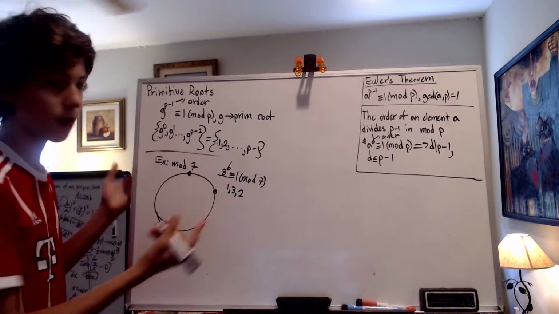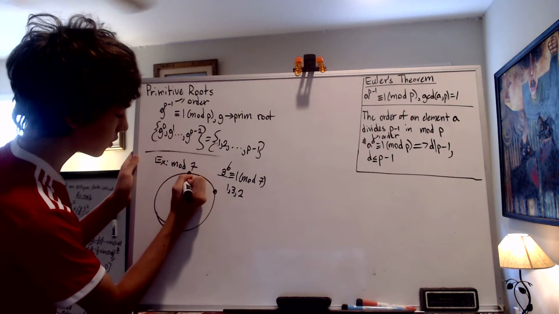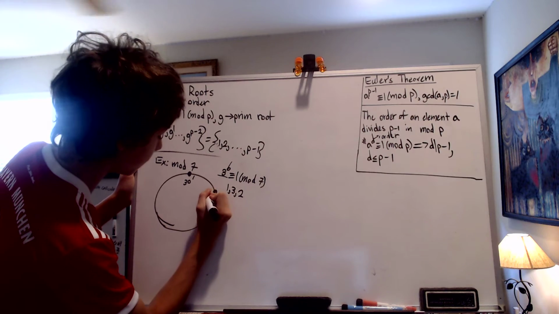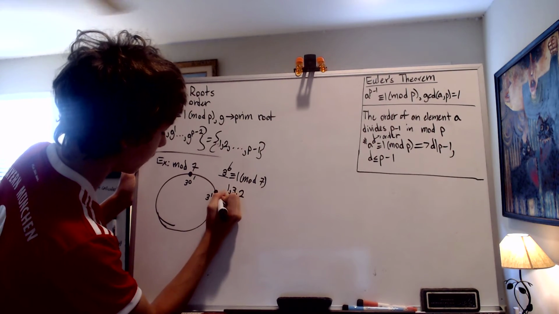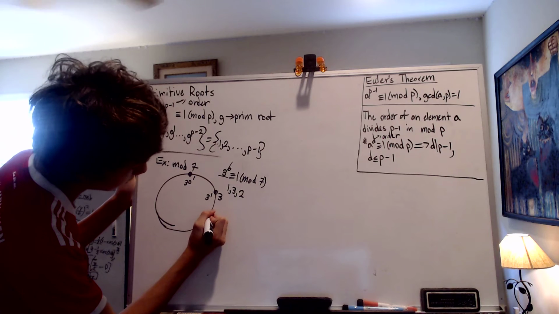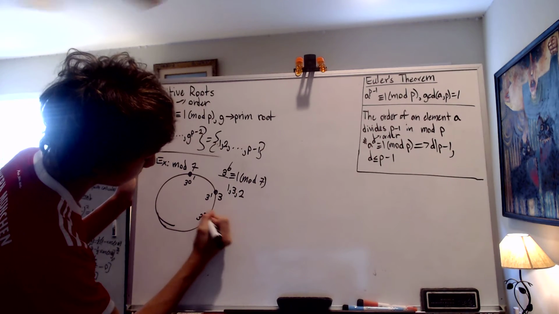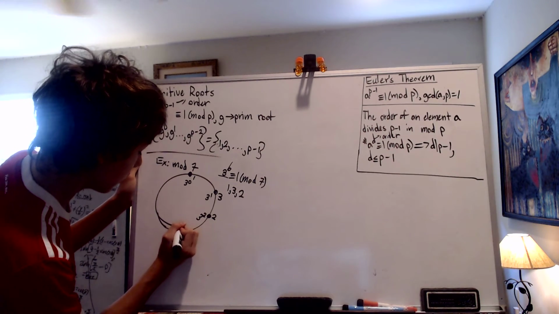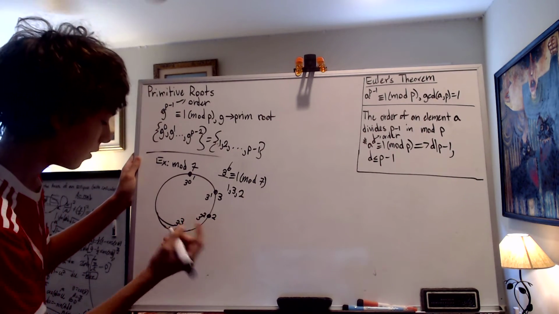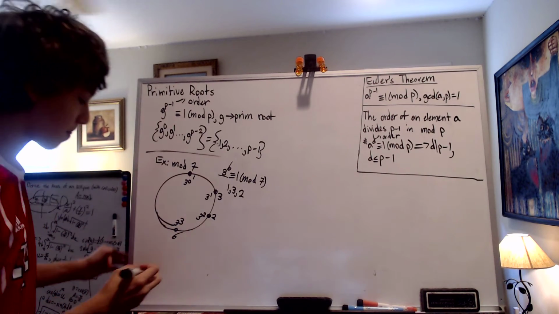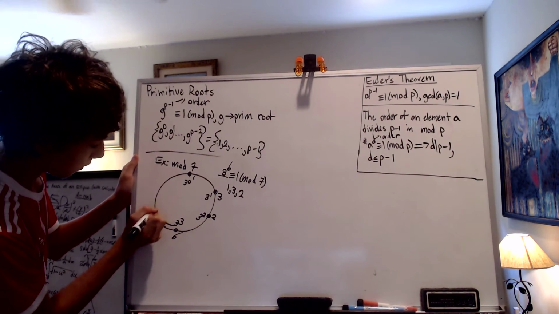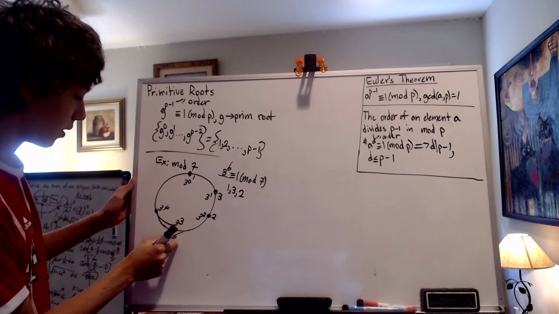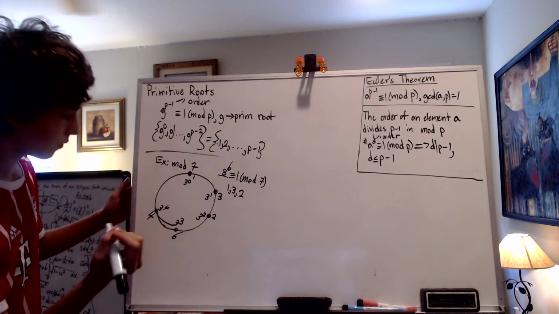So we're going to consider the powers of 3 in this kind of circular table. So 3 to the 0 outputs a residue of 1, 3 to the 1 outputs a residue of 3, 3 squared outputs a residue of 2, 3 to the 3 outputs a residue of, well, let's see, it should be 6. 3 to the 4 should just output a residue of 4, I believe.